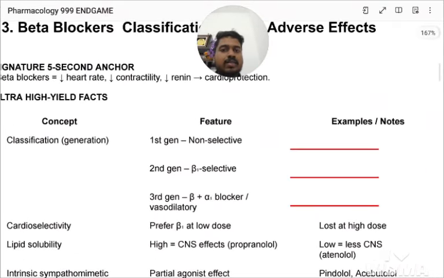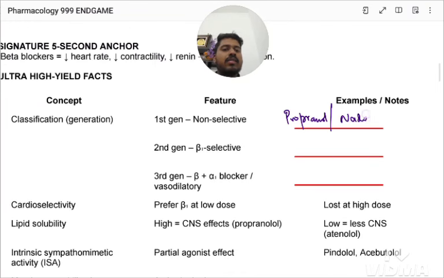Which are the first generation non-selective beta blockers? One is propranolol, that is your prototype drug. Second is nadolol. And third is timolol. Timolol is the glaucoma drug. Next, which are the beta 1 selective?